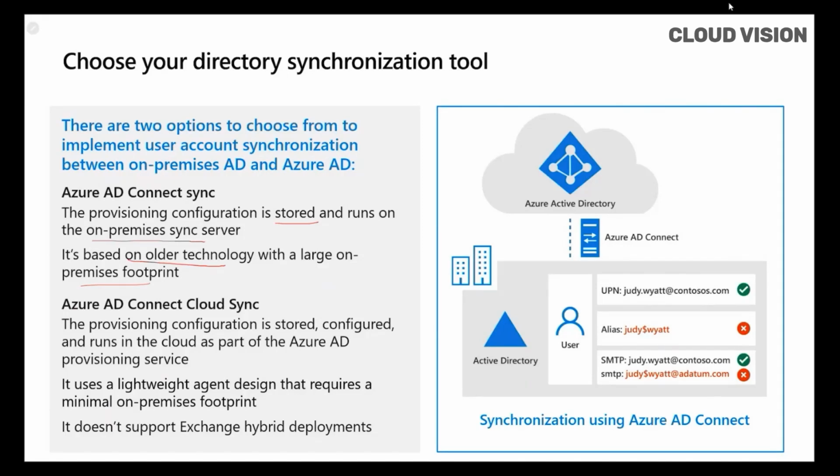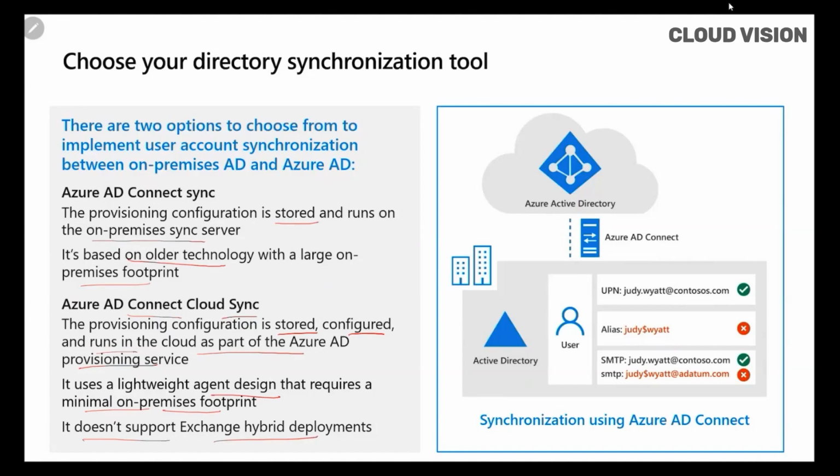Now, there's a new tool that is introduced, which is the Azure AD Connect Cloud Sync. The provision configuration is stored, configured, and runs in the cloud as part of your Azure AD provision service. It uses a lightweight agent design that requires a minimal on-premise footprint, but it does not support your Exchange hybrid deployments.